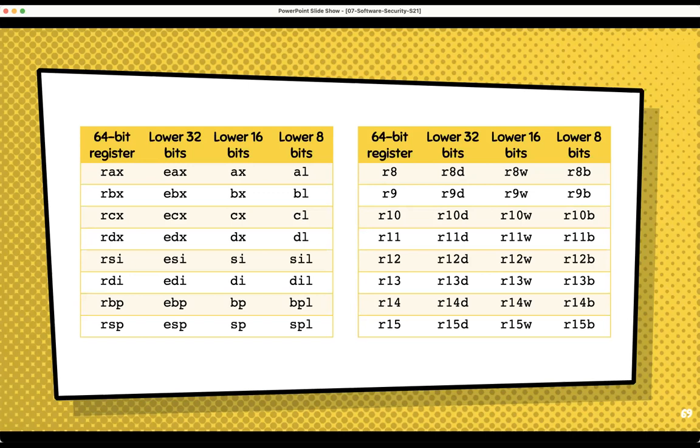For those registers with 64 bits, the names always start with R. For those with the lower 32 bits, you use EAX, EBX, or EBP. Basically, each row here represents the same unit or same location.